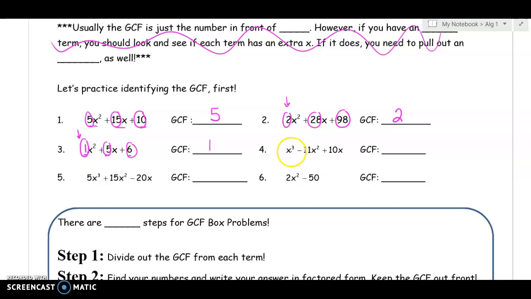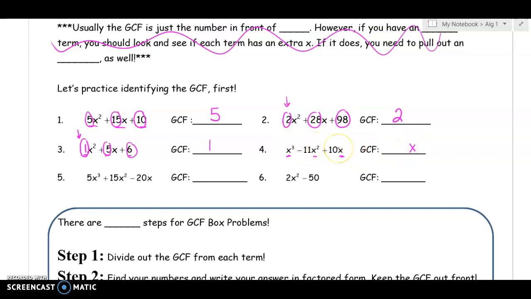With number 4, this time if you look at the variables, all three of them have an x. If they all have the same letter in common, that's going to be part of your GCF. When you are looking at the variables, you're going to take the variable with the smallest exponent. The variable with the smallest exponent is not x to the third or x to the second, just x.